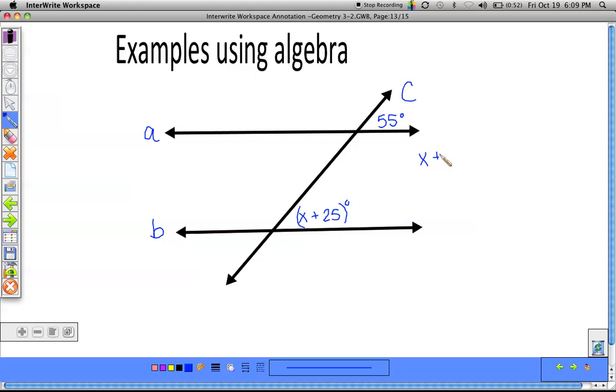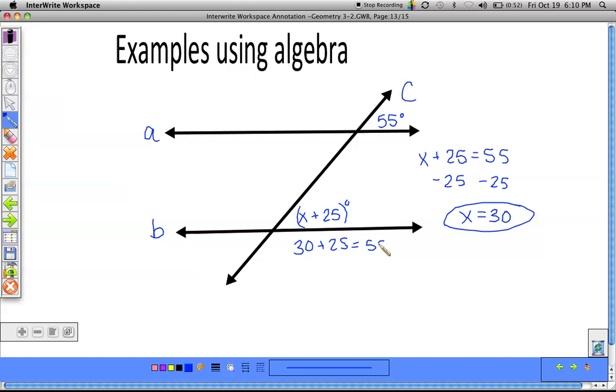So we have x plus 25 equals 55. We just subtract 25 from each side, and x is equal to 30. Again, if you want to check your answer, you can go over here and plug it in. 30 plus 25 equals 55 degrees. So this angle and this angle are congruent, which would make A and B parallel.